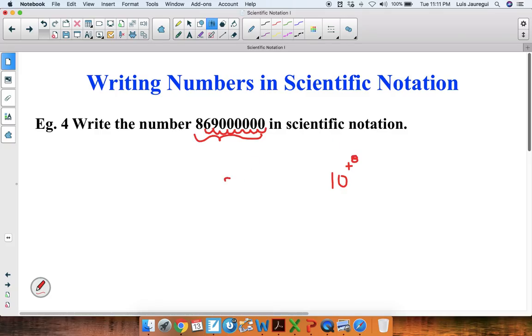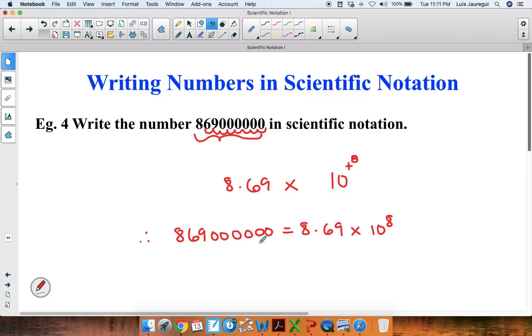So we can say that we have 8.69 times 10 to the 8th. Therefore, this particular number is the same as 8.69 times 10 to the 8th power when written in scientific notation.